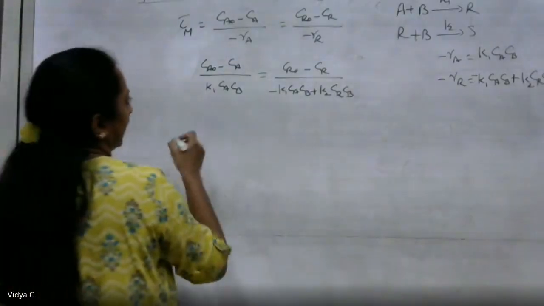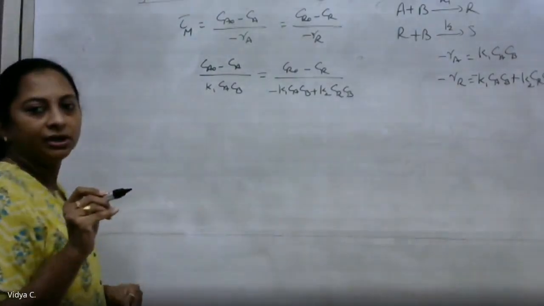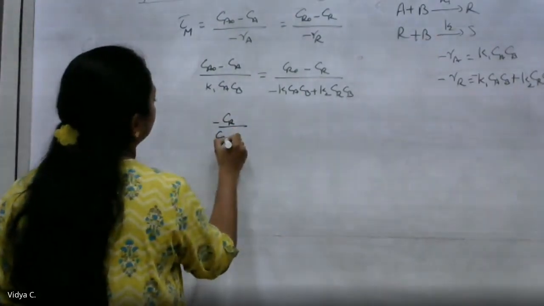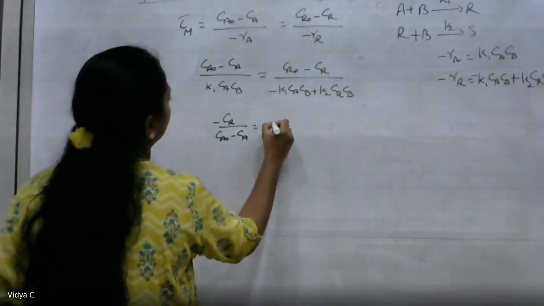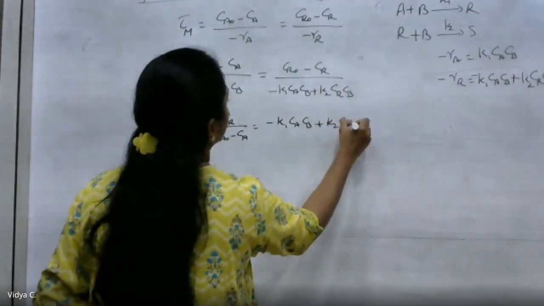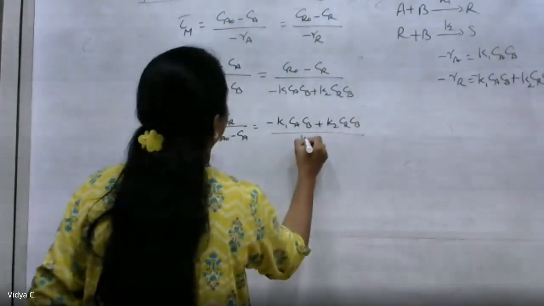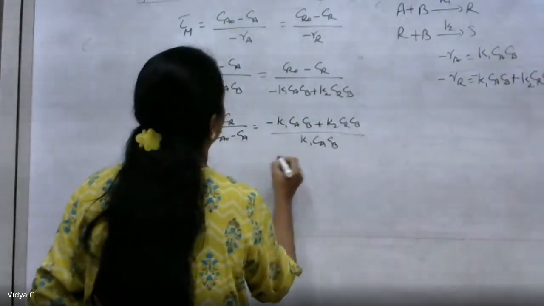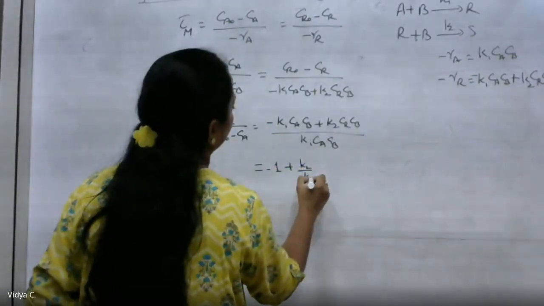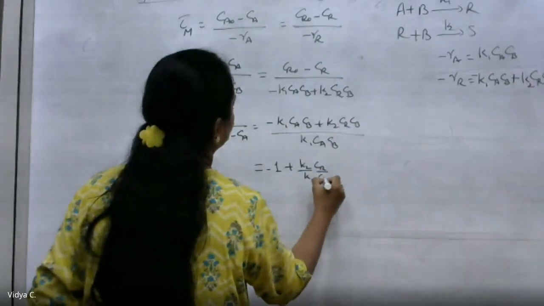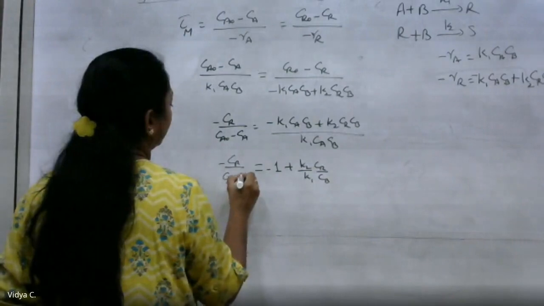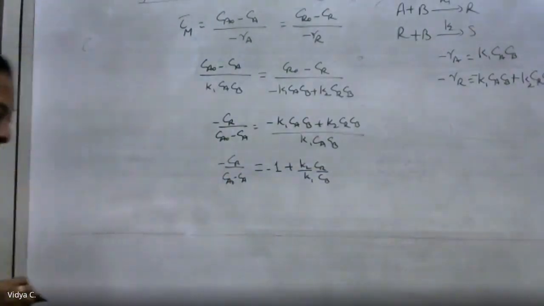Okay. So now what I'll do? Actually, CR naught will be 0. Initially, it is 0 only. So minus CR by CA naught minus CA will be equal to minus K1 CA CB plus K2 CR CB by K1 CA CB. This will be equal to minus 1 plus K2 by K1 into CR by CB is equal to minus CR by CA naught minus CA.